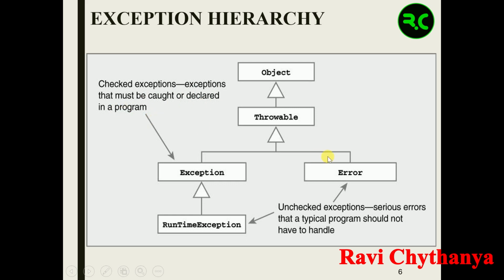And the errors and the runtime exceptions are unchecked exceptions which are serious in manner, such that a typical program should not handle them. Like null pointer exception, division by 0 exception, and so on.